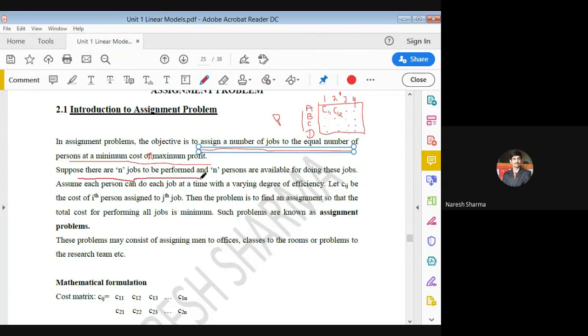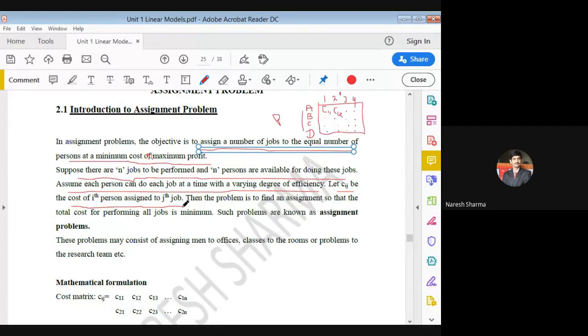Suppose there are n jobs to be performed and n persons available for doing these jobs, so these should be the same. Assume each person can do each job, but with different efficiency, and the respective cost is Cij, that is the cost of the ith person assigned the jth job.